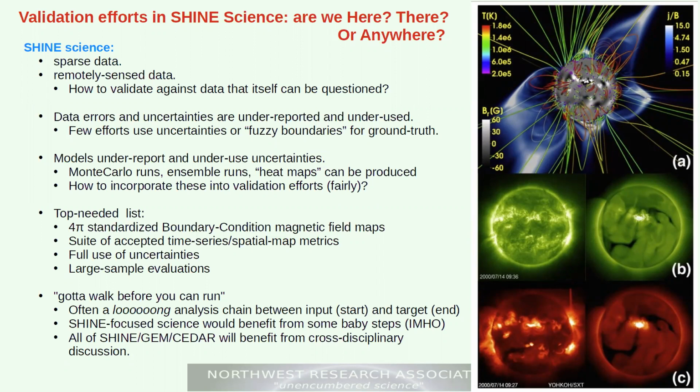Okay. So with validation, you need an answer. We have a few instruments now that can provide some answers. Some of it is even really cool remote sensing, like scintillation detections.